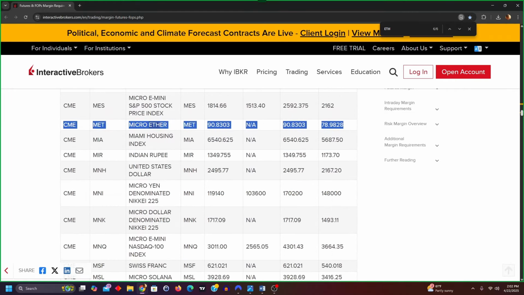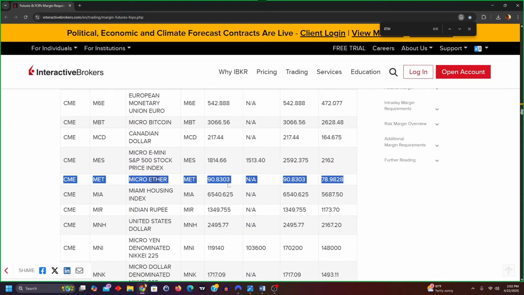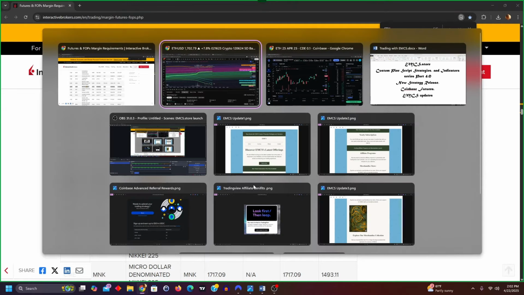So for the micro ether, it's about $90 a contract, and then if you go beyond regular stock market trading hours, which of course futures do, with the exception of the 1 hour break, and then the weekends, you also have to pay additional margin maintenance on those contracts versus Coinbase.